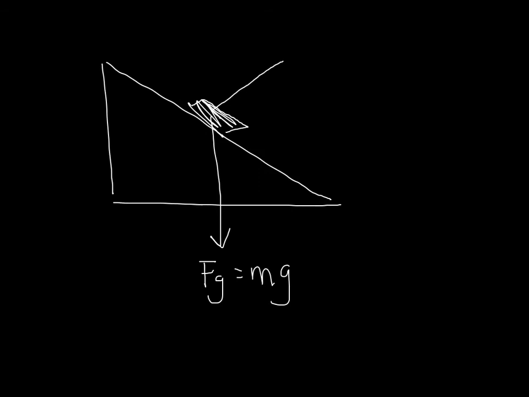But our normal force this time would be acting in this direction, perpendicular to this surface of the inclined plane here. So our actual normal force would be directed perpendicular to that surface.